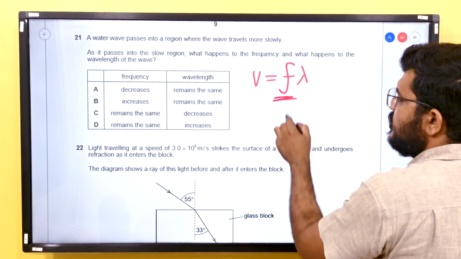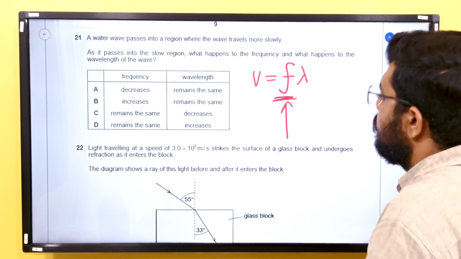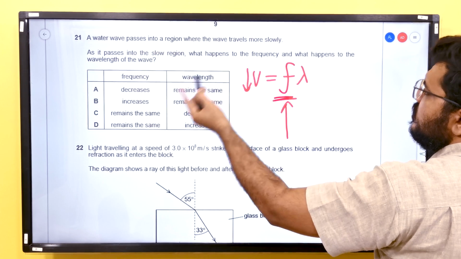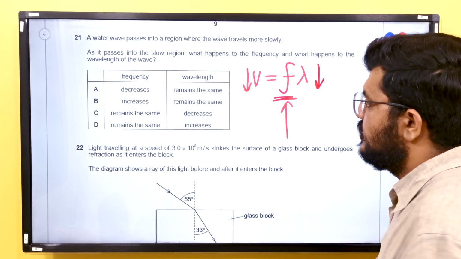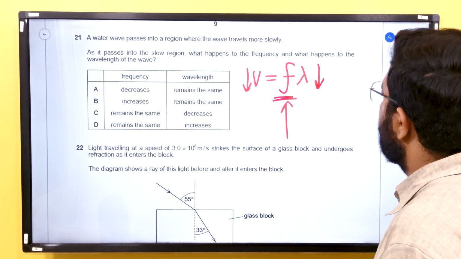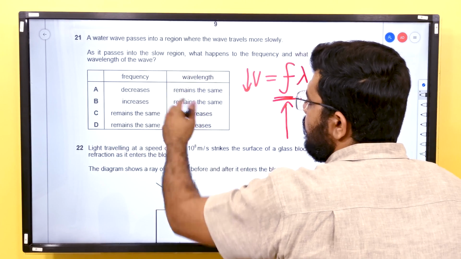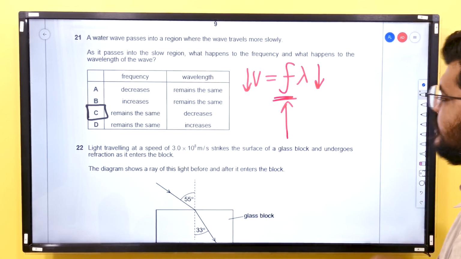Now the frequency of a wave never ever changes. It depends only on the source. So if the speed decreases, the wavelength has to decrease, right? From here, let us find out. Frequency remains the same, wavelength decreases. Option C is your correct answer.